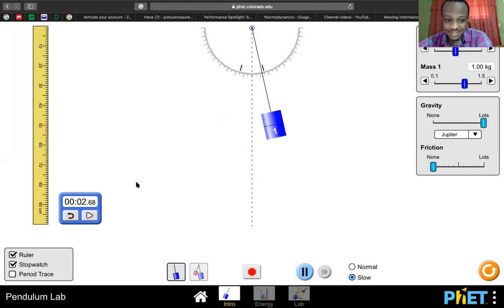Right, restart. 15 degrees and play. Right, so wait until it goes over and come back over here. So go. One, 2, 3, 4, 5, 6, 7, 8, 9, 10.